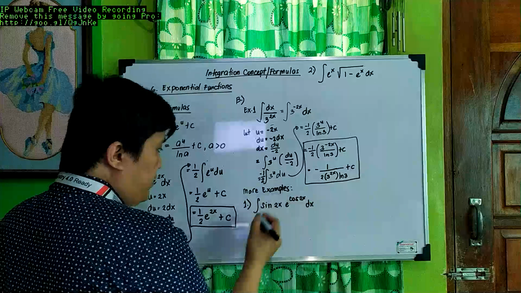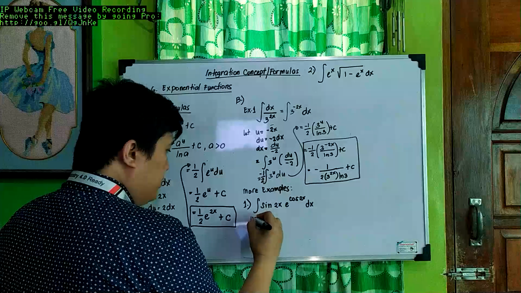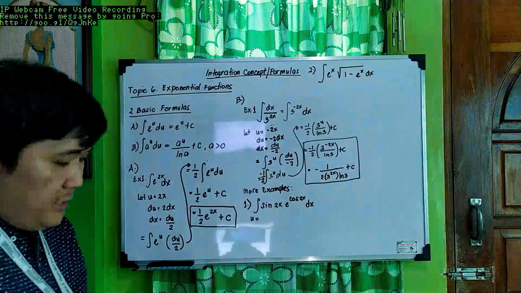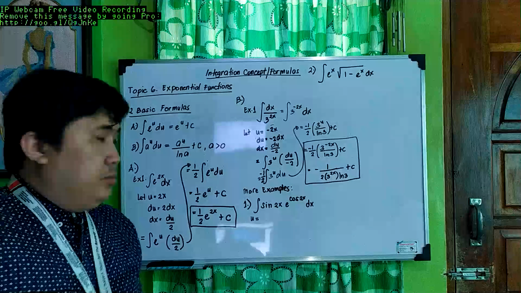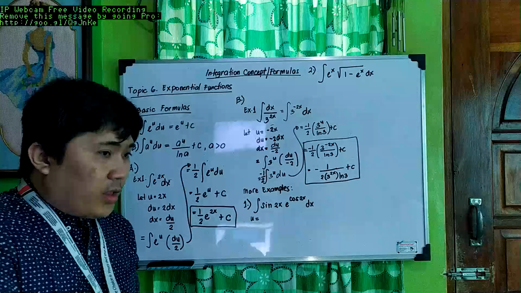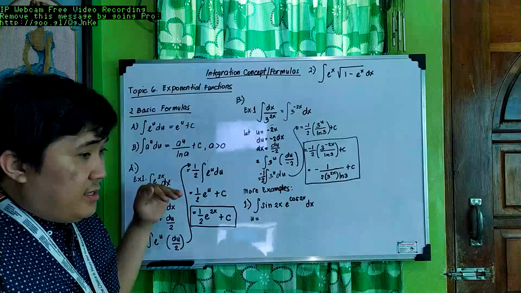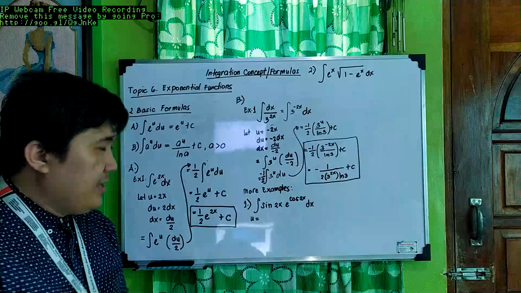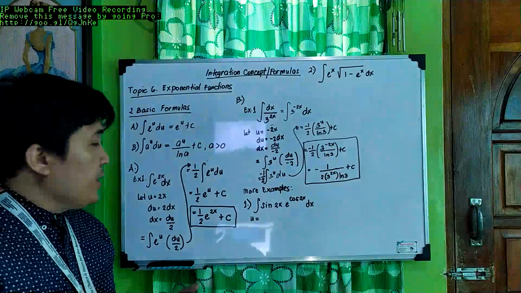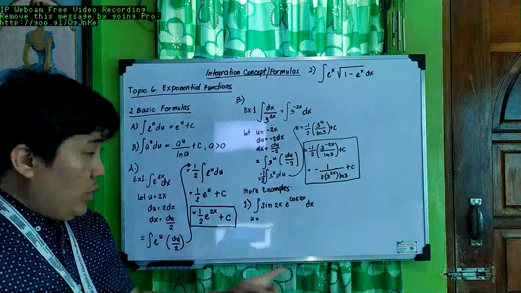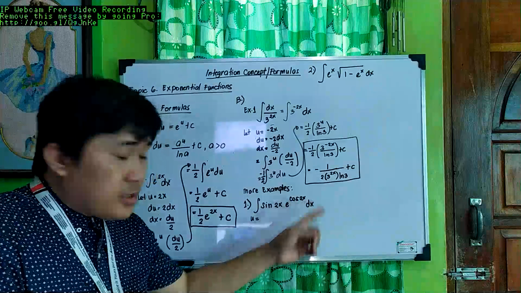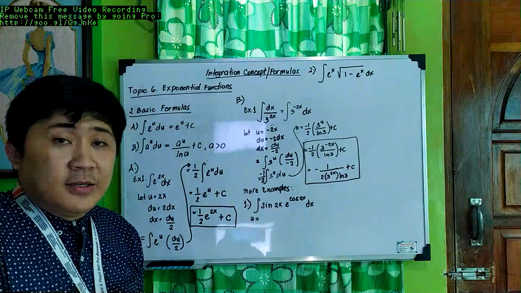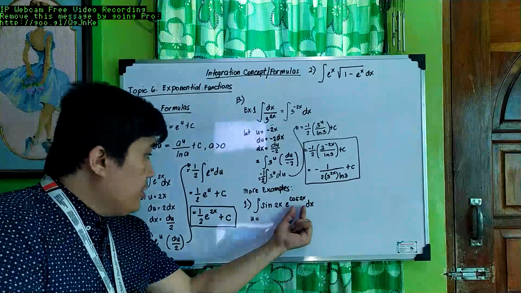So, in this case, we need to let your u be equal to what? What will be our u? Our target here is to cancel a term. So, what will we put for our u? Is it sine 2x or cosine 2x? The answer is cosine 2x. Why?